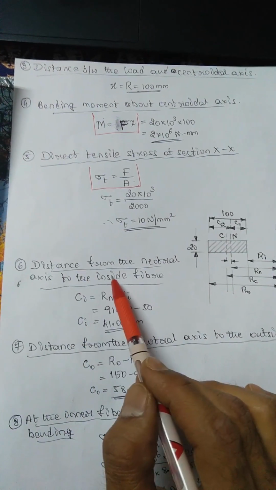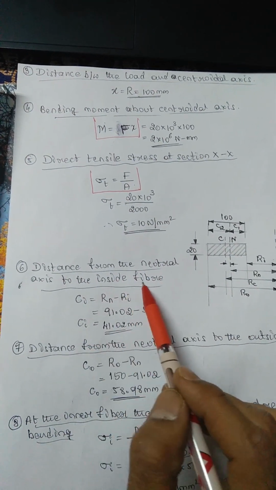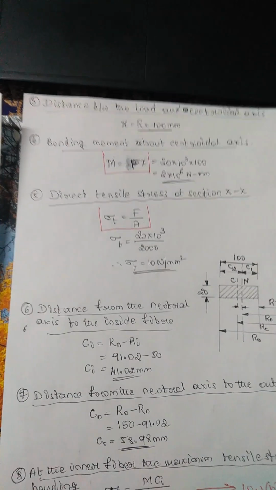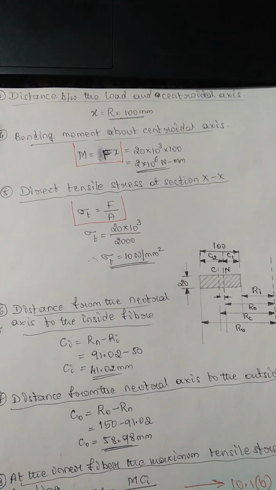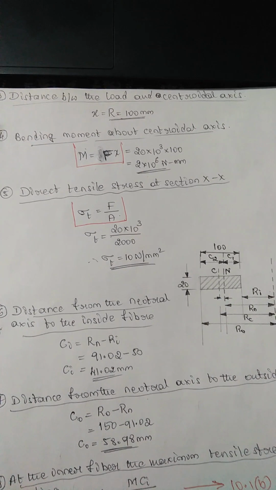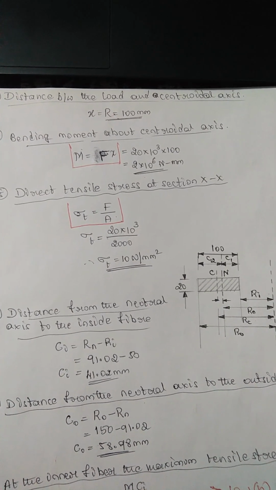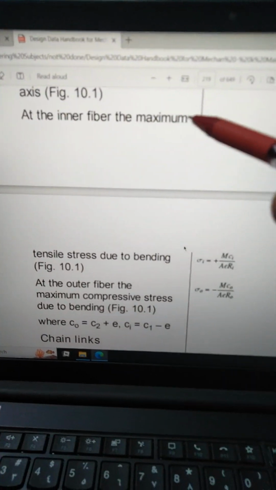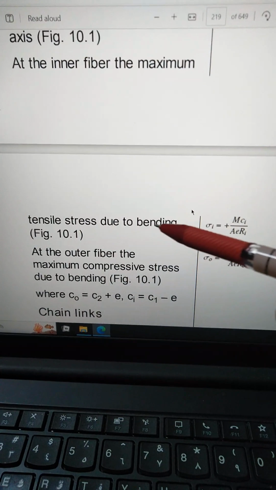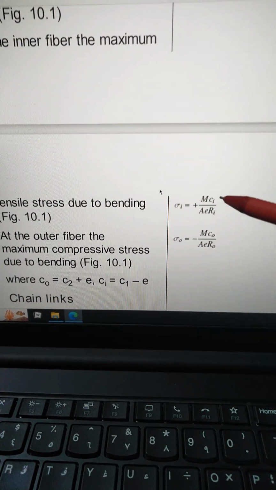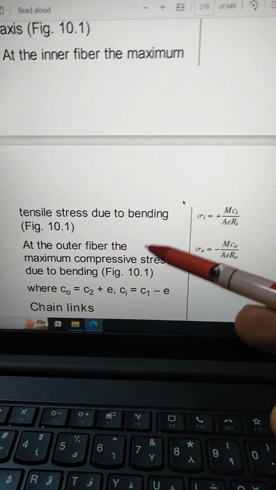Next, the distance from the neutral axis to the inside fiber. This is from the data handbook. At the inner fiber the maximum tensile stress due to bending is given by this equation, and at the outer fiber, due to compressive force, the equation is this one.